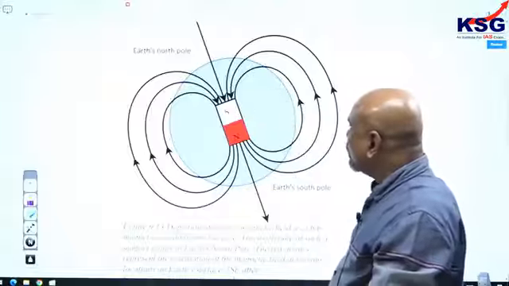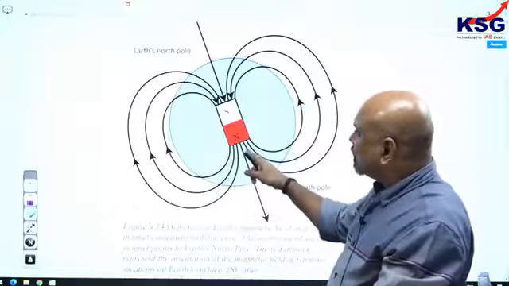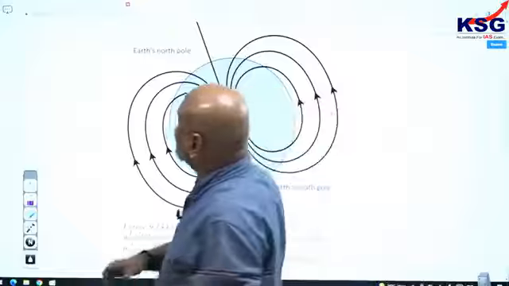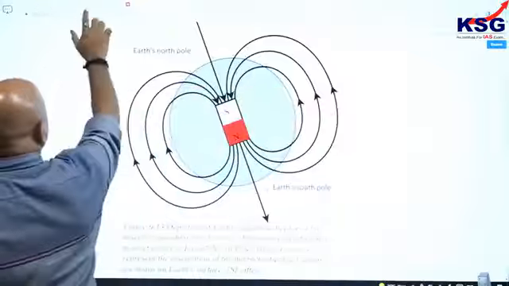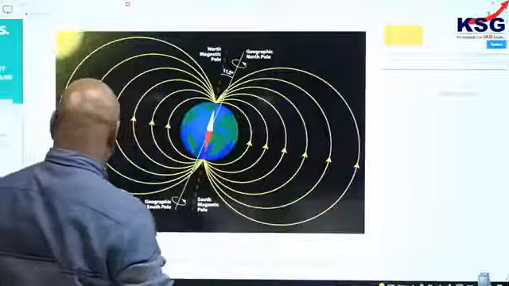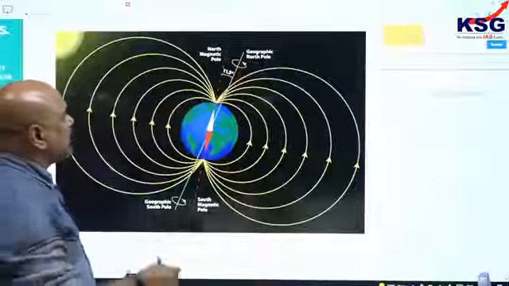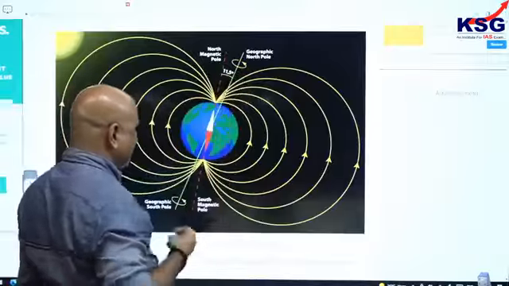Look at here how it is. North and South pole. The north pole is this one, the geographic south pole, the Earth's north pole and south. Now, there is a difference between the Earth's magnetic field and the lines here. If you look, this is different also. You see here. Look at this properly. The geographic north pole is on the right side, and the north magnetic pole has an 11.5 degree difference.